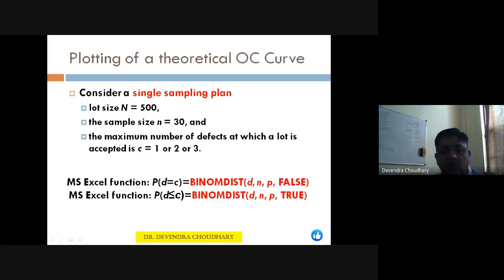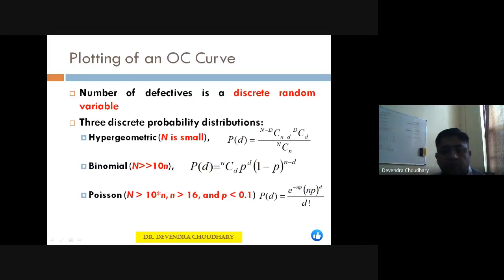Hypergeometric distribution, although it gives correct values of probability, has calculations that are quite cumbersome. So it is recommended that one should use binomial distribution, particularly when lot size is more than 10 times the sample size.